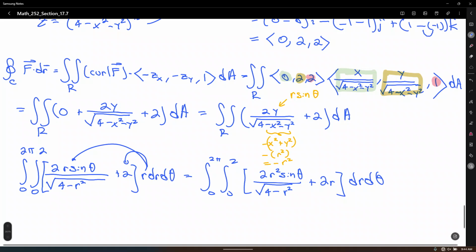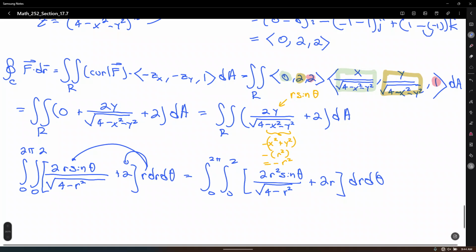Okay, now think about integrating instead with respect to theta first and then with respect to r. What is the integral of sine? Oh, reverse. Sine is, well, not cosine, right? So it's negative cosine.